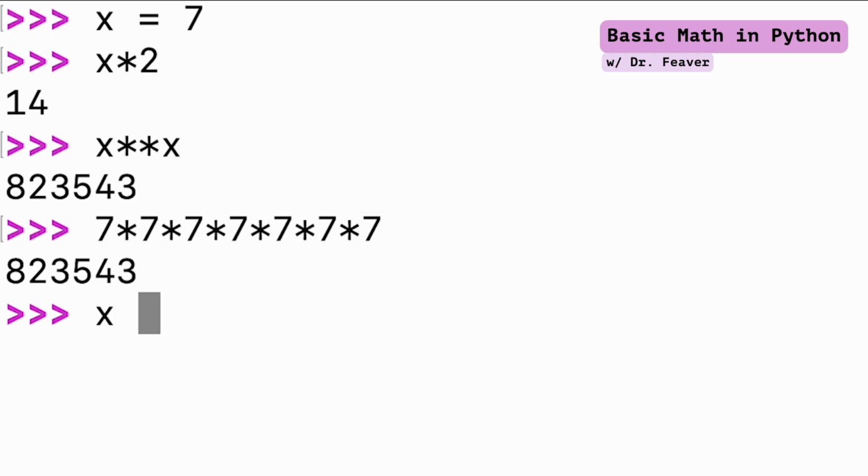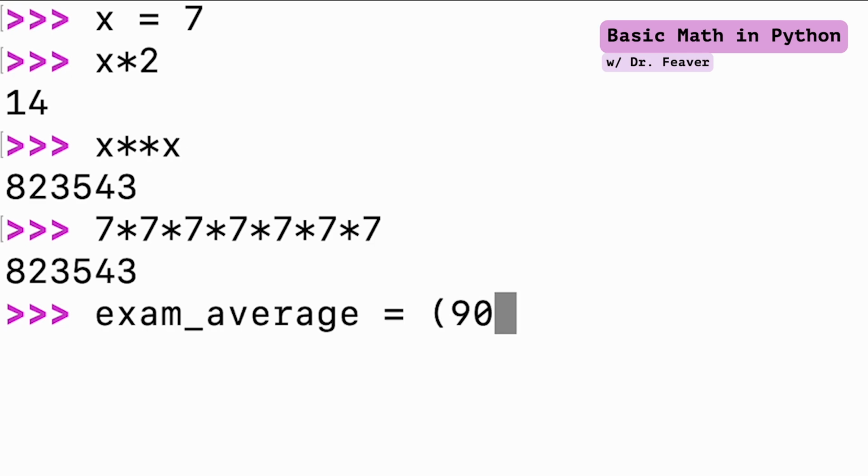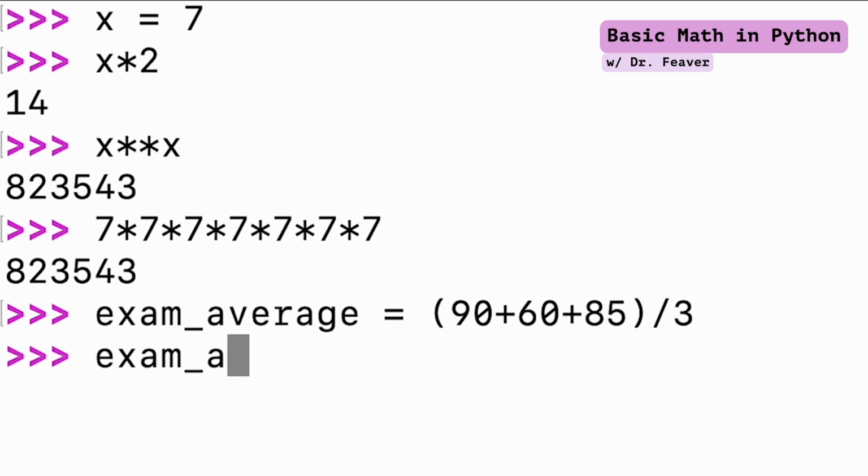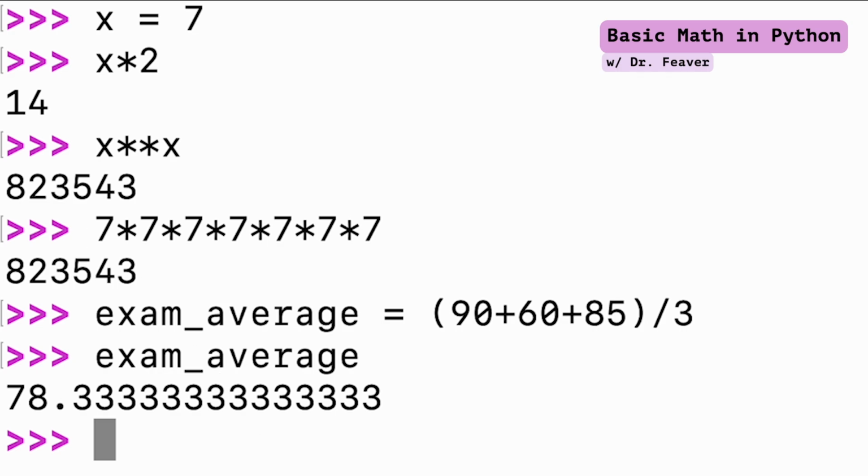So like maybe right now I want to know my exam average, and that is like 90 plus 60 plus 85 divided by 3. And I might want to store that in a variable. So if I type exam average, you can see it calculates that out. And I might want to store it in a variable so that later I can figure out my average for the whole class, and I can use the exam average as one of the factors in there.